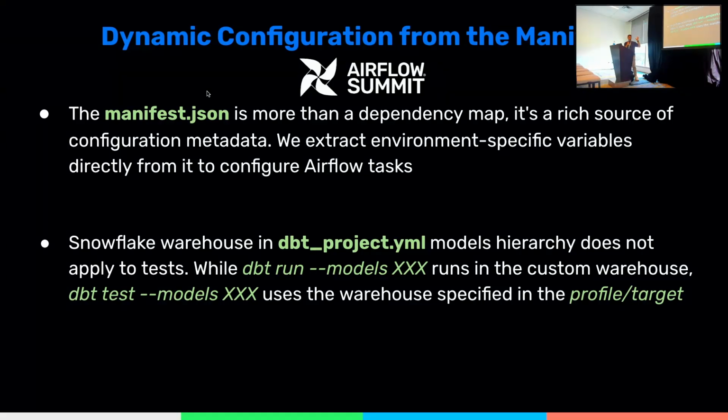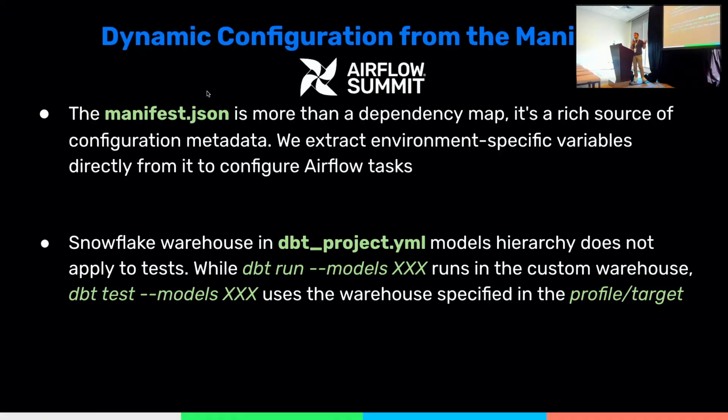All right, so we realized, and it was not easy to understand, that in the case of Snowflake, when you define your Snowflake warehouse in the DBT project YAML and you are running the DBT test, DBT, I don't know why, doesn't care about it. It just uses the default warehouse that you have defined in the profiles. So imagine that you have a DBT model running on an X-large warehouse and then you want to run a test.